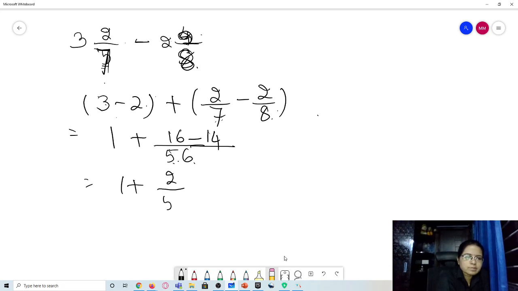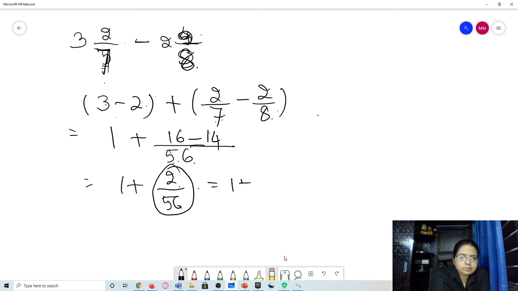2 divided by 56. Now reduce this fraction to simplest form. Just divide the numerator and denominator by the highest common factor. The highest common factor of 2 and 56 is 2.